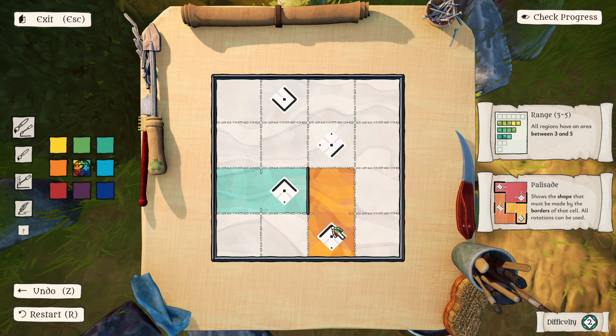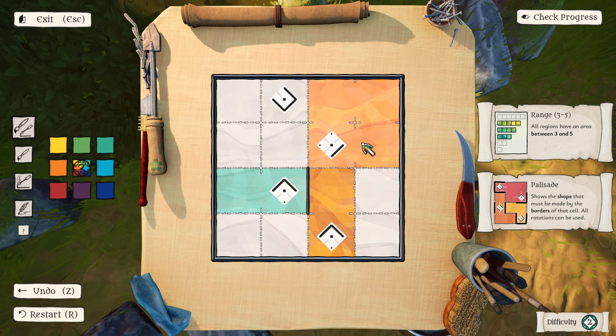Between 3 and 5. This guy has to be at least a 4, if not a 5. It could be something like that.